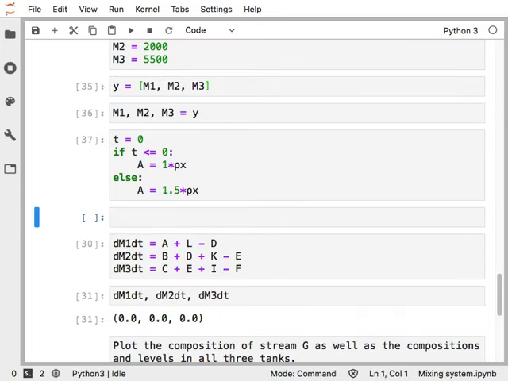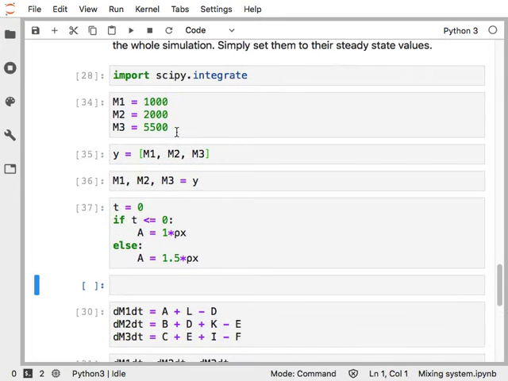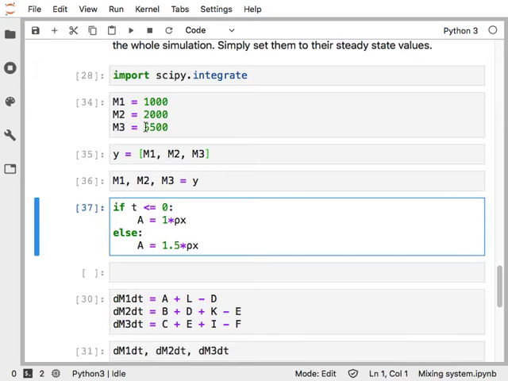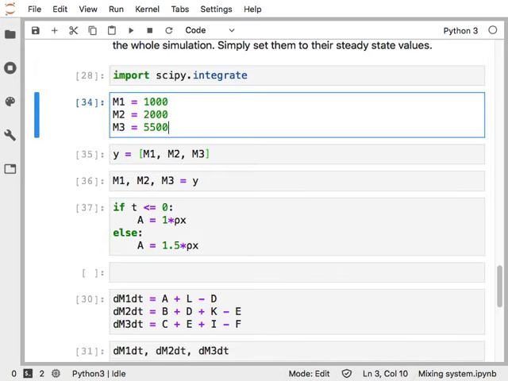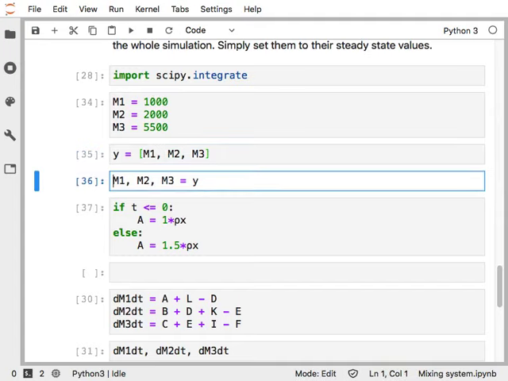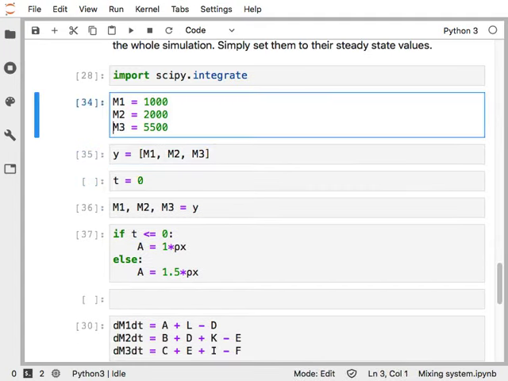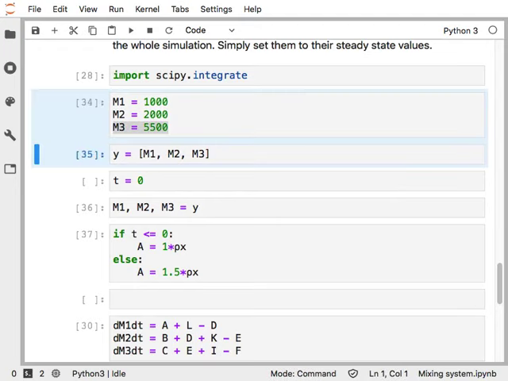Now, why am I doing it this way? It allows me to have some inputs for the function. These cells here are going to disappear eventually because I'm going to delete them when I actually run the function.